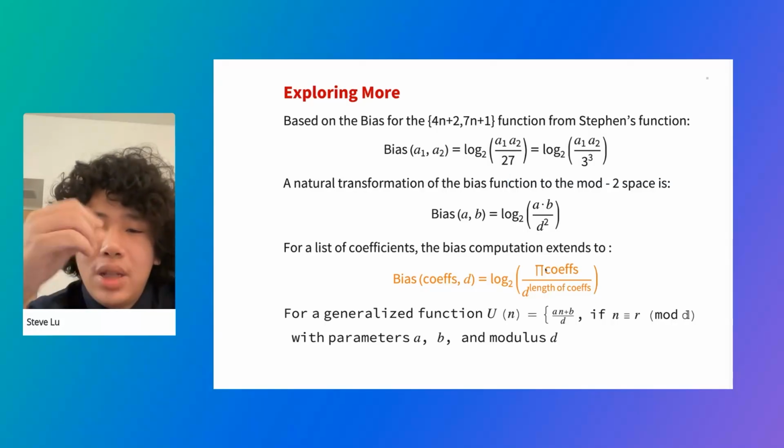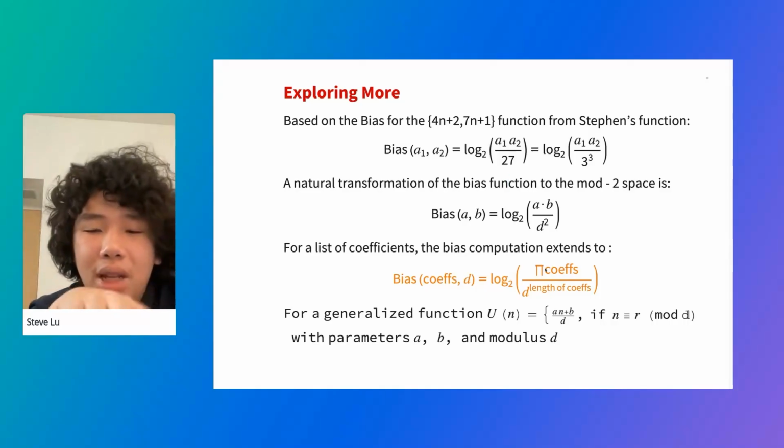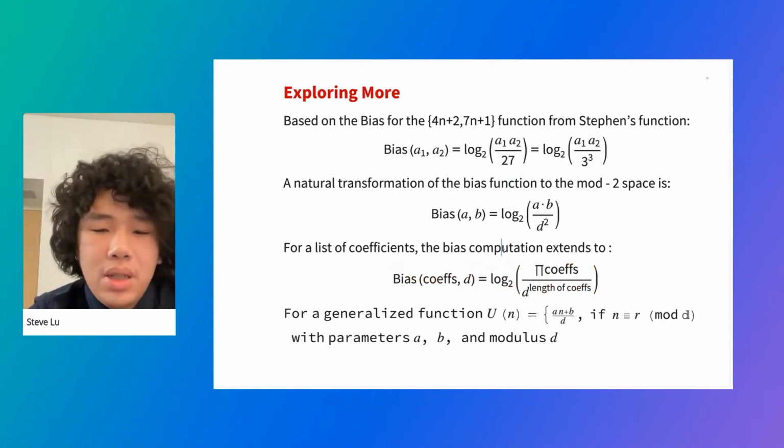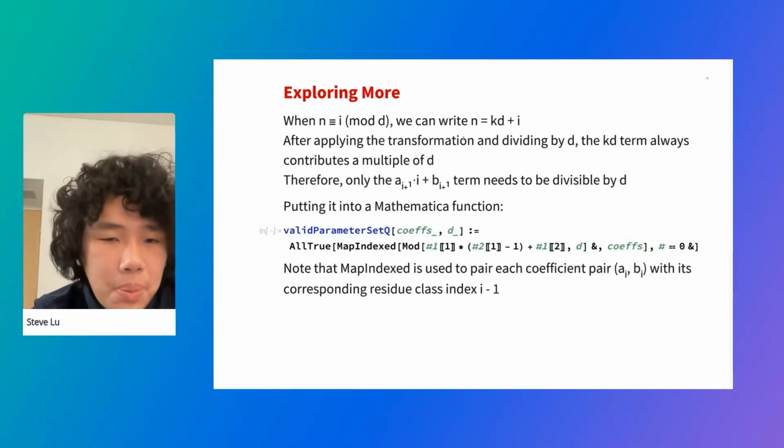We multiply all the coefficients on the top, divided by the value, and that's going to be raised to the exponent of the length of the coefficients. And then we take the log base 2 of that, which is pretty simple. It's derived from the function over here, and it works decently well as an approximation for the bias.